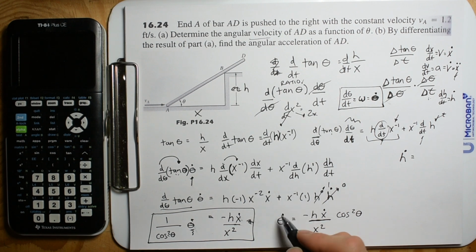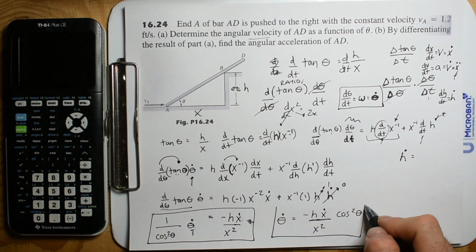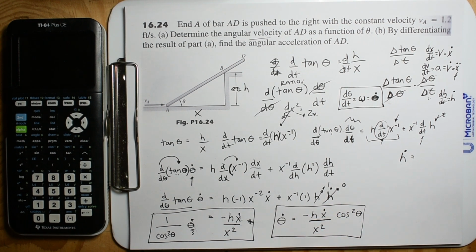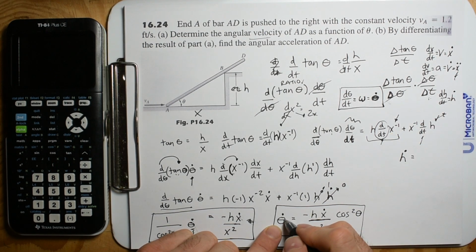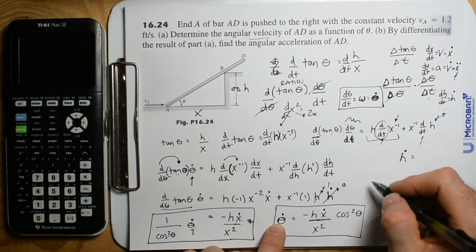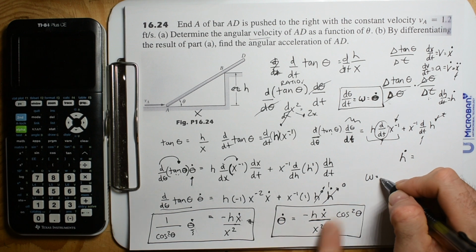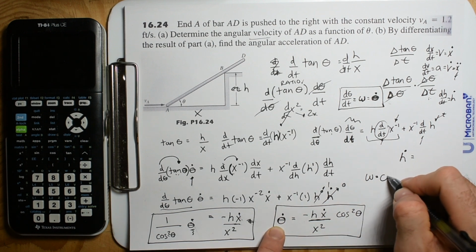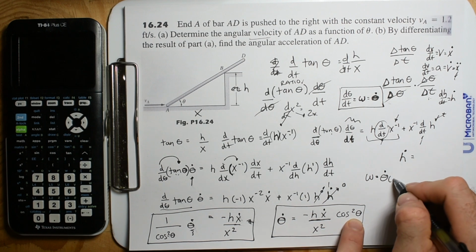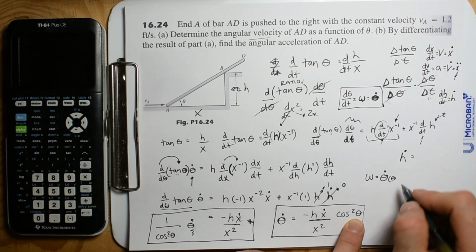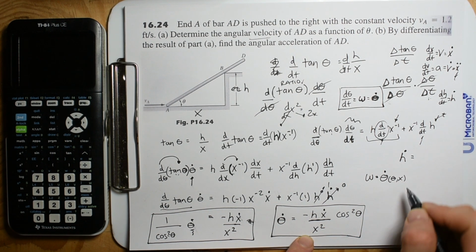Now, this is how I initially did it, and then I realized, oh, in the book, this isn't what they wanted, because we have angular speed theta dot as a function of theta, but this is also a function of x.